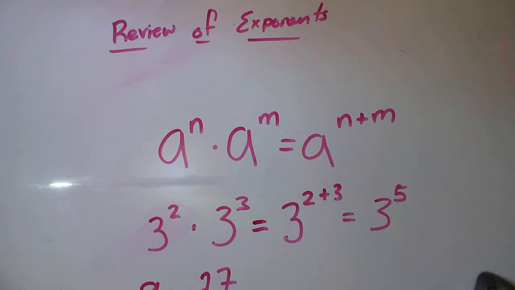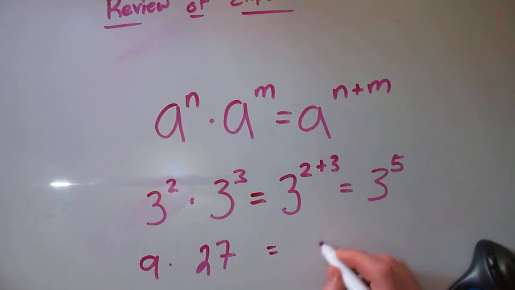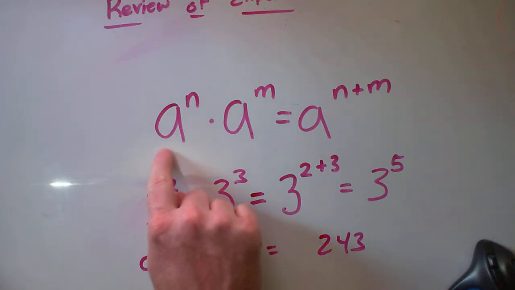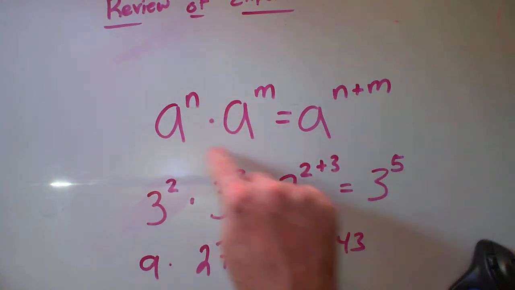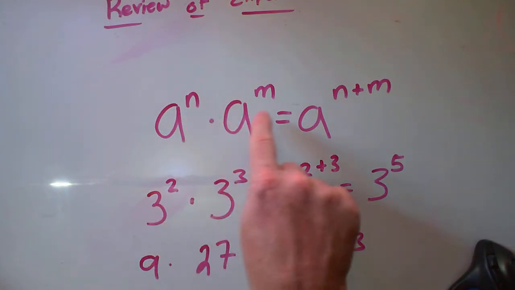So, yeah, 243. If you put 3 to the 5th in your calculator, that's also going to be 243.